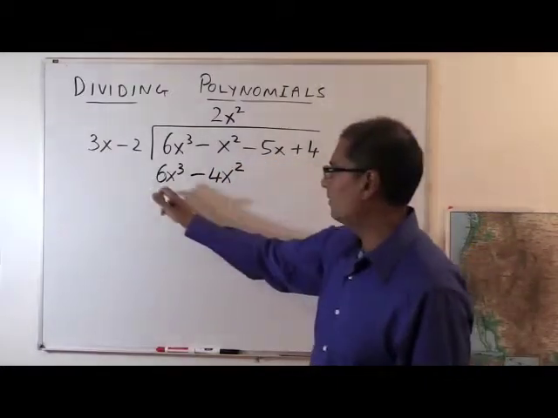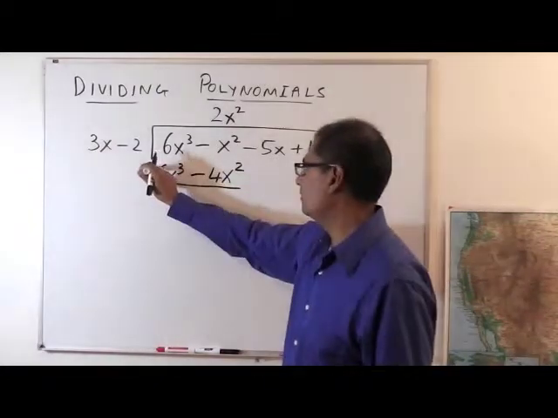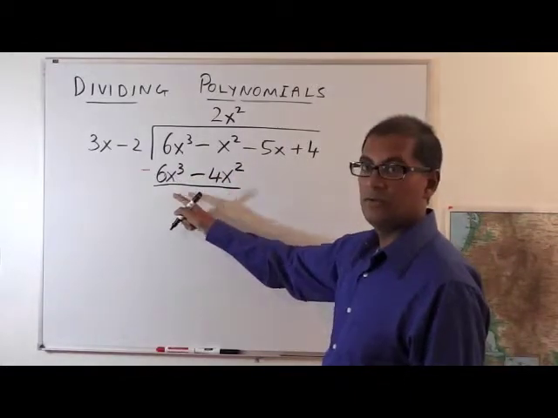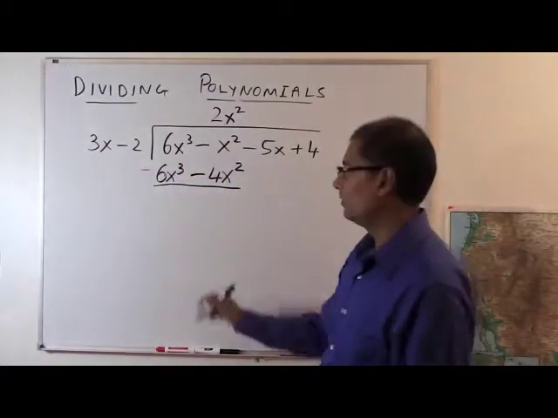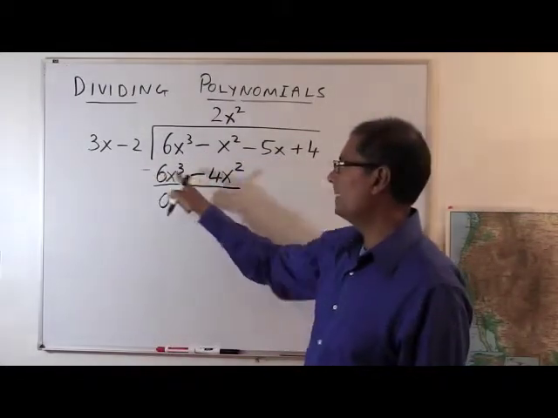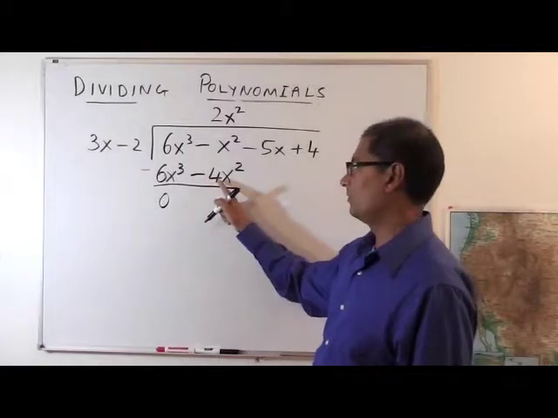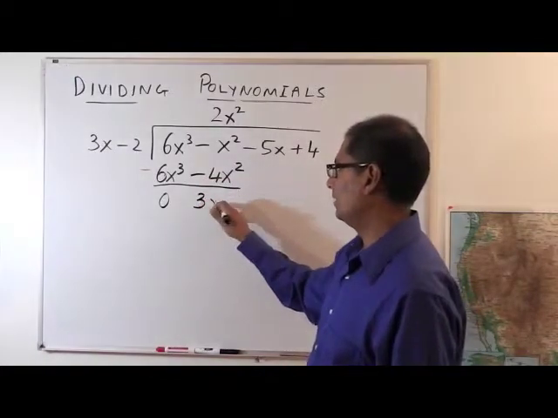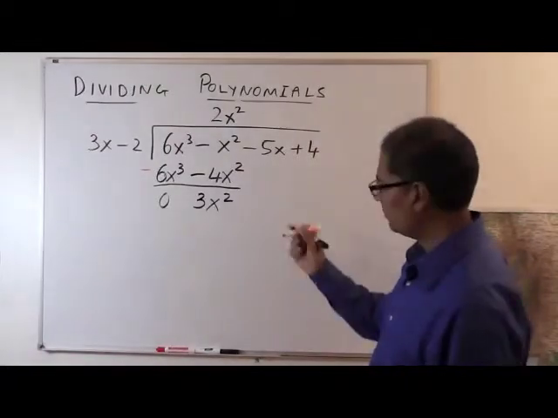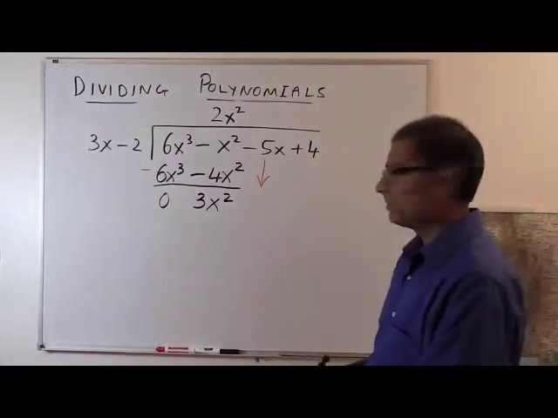Just like division now, we do a subtraction. So remember, we're going to subtract these two here. And 6x cubed minus 6x cubed will give me 0, which it's supposed to do. And then minus x squared plus 4x squared gives me 3x squared. So the next thing we do, just like in long division, is we bring down the next term, which is negative 5x.